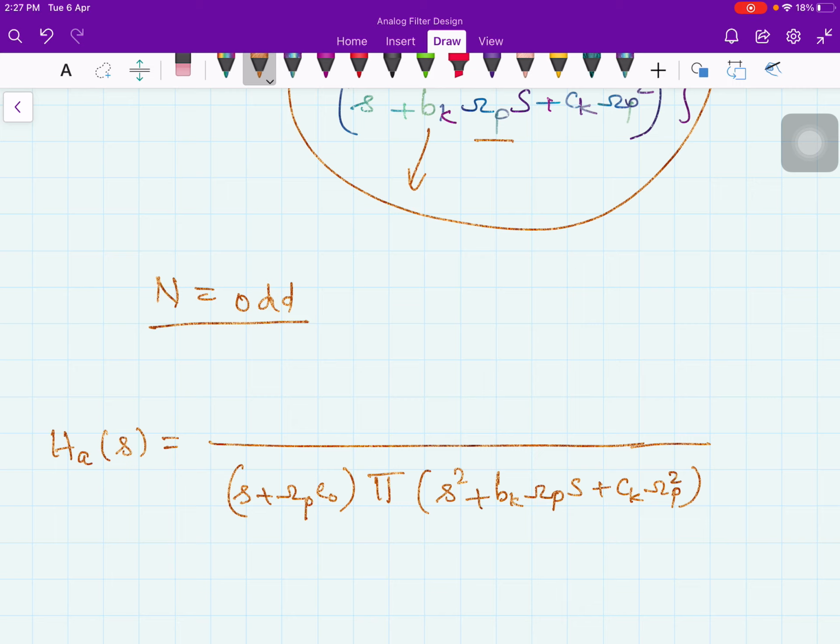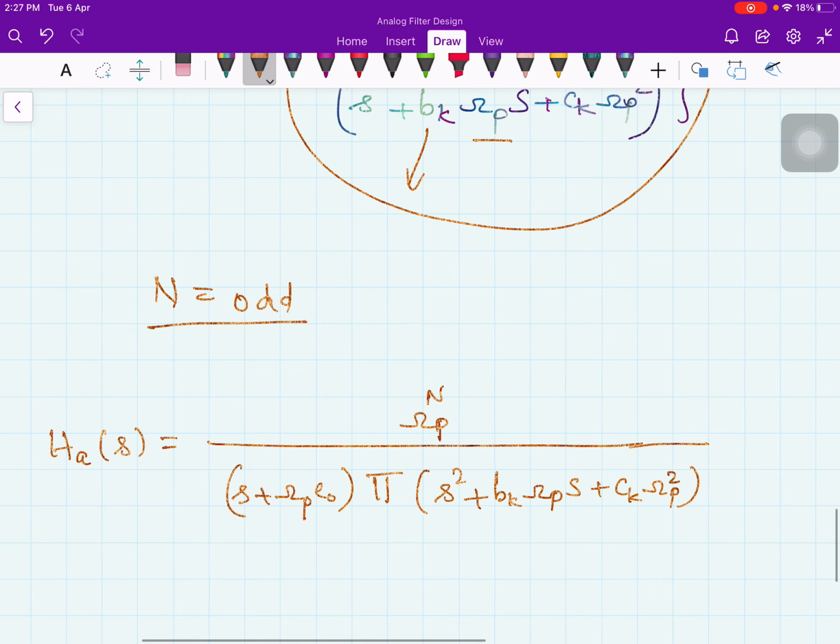And the numerator will be omega p to the power capital N. Before that, let me finish the limit of this continued product. The limit is k equal to 1 to n minus 1 divided by 2, because the order is odd and one factor has appeared here, so I have n minus 1 by 2 number of second order factors.